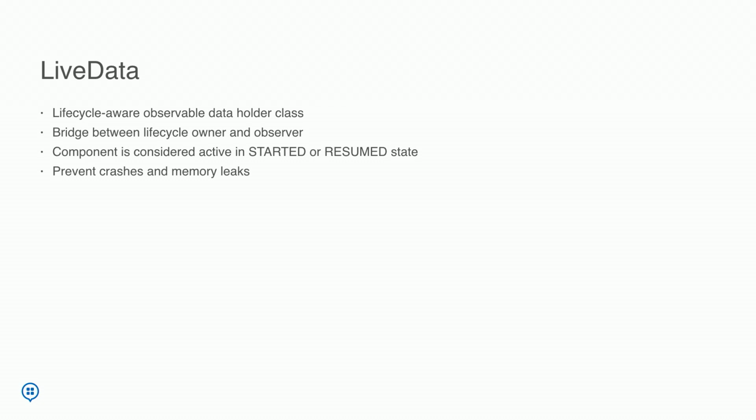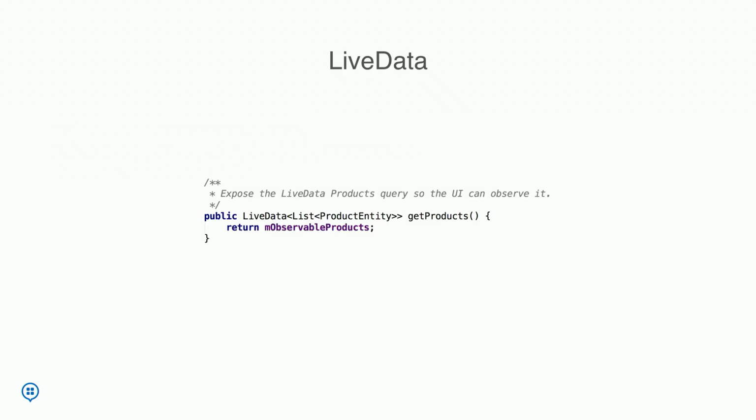It works as a bridge between the lifecycle owner and the observer, and is also aware of the current state of the lifecycle owner. So live data can be really valuable in preventing crashes and memory leaks that might come from attempting to perform an operation on your UI at the wrong time, say, for example, when it's in the background. And so the way you use live data is really simple. You just wrap your existing models in it, and it gives you that observable interface.